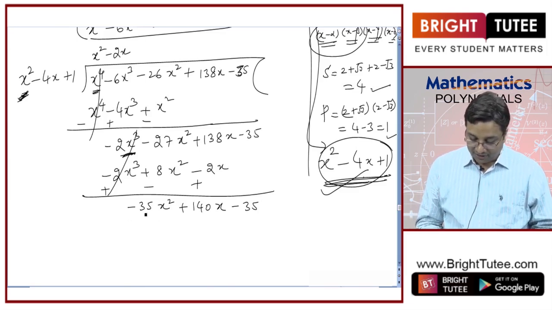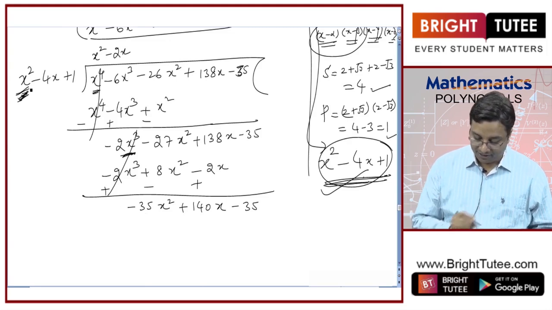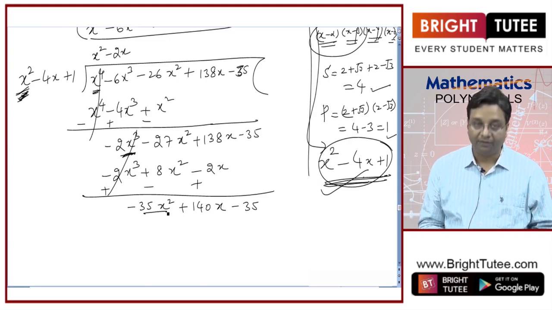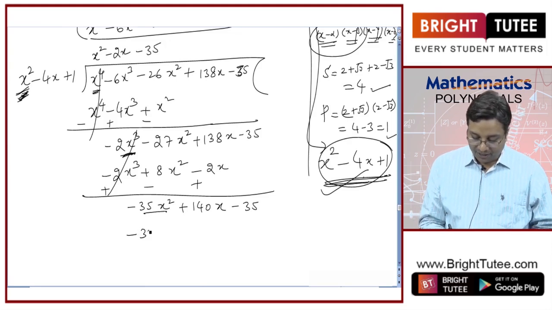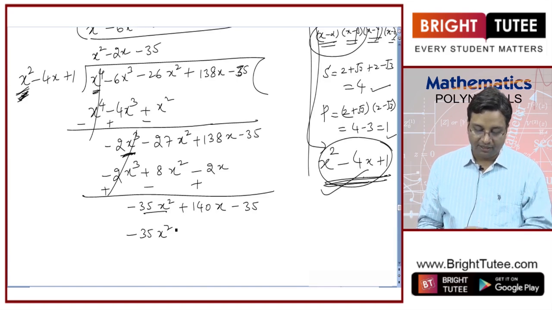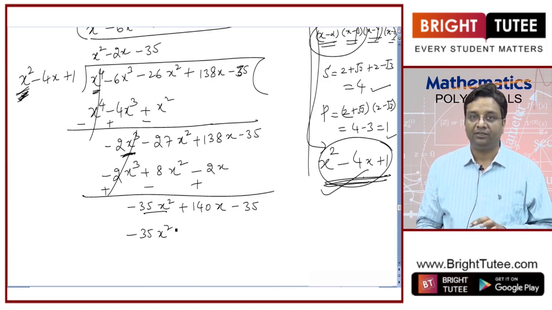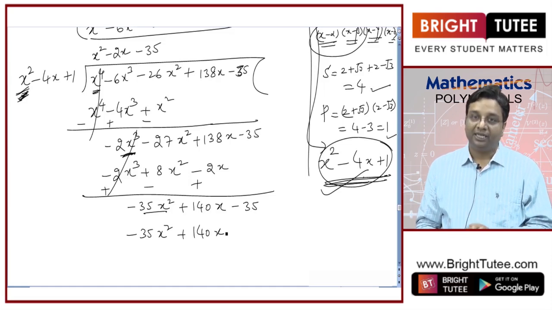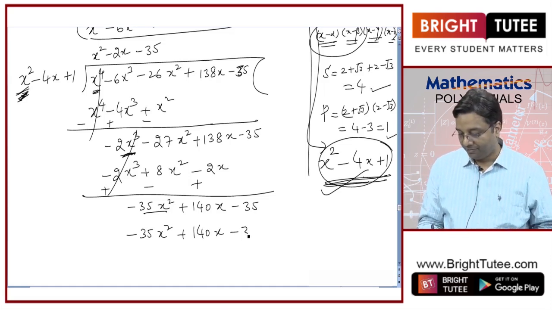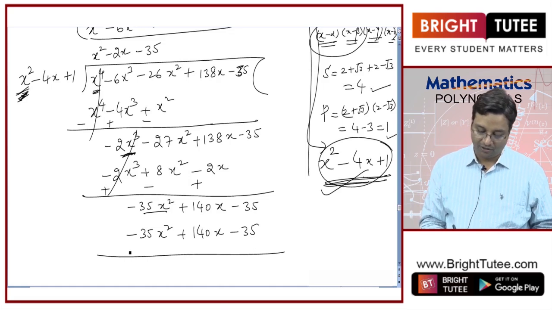So now again consider that if I multiply this term by minus 35, it will give me this term, right? So let's multiply. It will give me minus 35 x square. Minus 35 into minus 4 is how much? 35 into 2 is 70, 70 into 2 is 140. So yes, it is 140x. And minus 35 multiplied by 1 will give me minus 35. So we got the exact expression.